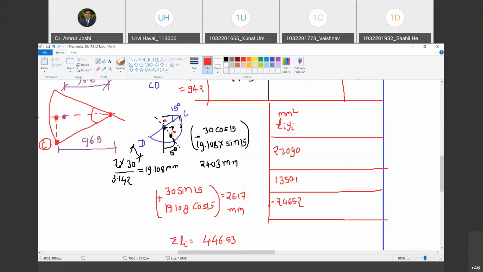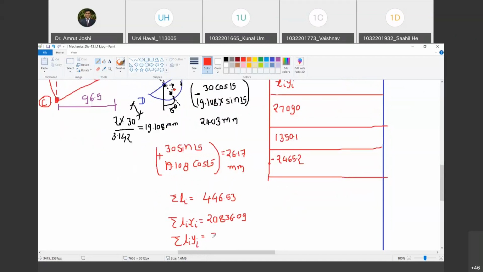That turns out to be 27,090 plus 1,350.1 minus 2,465.2, which is 25,974.9.